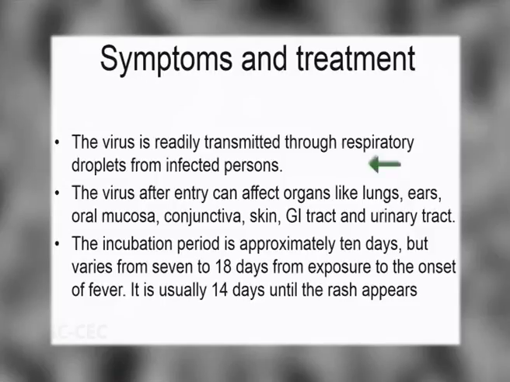The virus gets readily transmitted through air, and it can get deposited in the lungs, and the first infection which is caused is the lung infection. Other than this, it can cause oral infection, conjunctivitis, GI tract infection, but the most notable thing is rashes over the body. And this can also cause urinary tract infection.